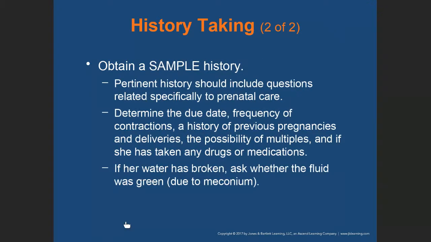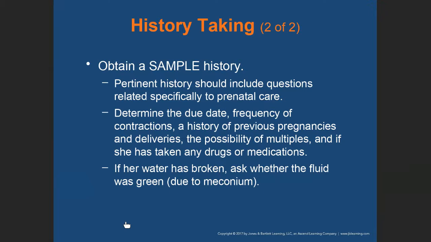Obtain a SAMPLE history. Pertinent history should include questions related specifically to prenatal care. Determine the due date and frequency of contractions. So you want the frequency of contractions and you want the length of the contractions. You're going to put your gloved hand on the fundus, which is the top portion of the uterus, and feel for when it contracts.